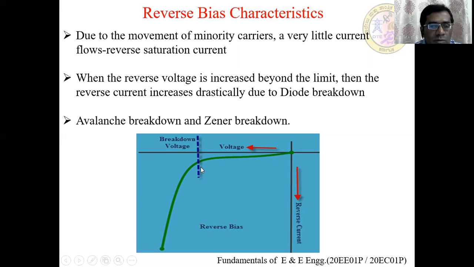Once it crosses the breakdown voltage, the current drastically increases in the reverse direction. This is the characteristics of a diode in reverse bias.